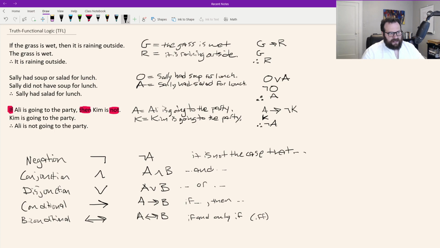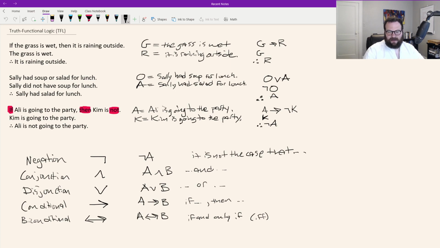Okay, so now that you know how to translate natural language into symbols, we're going to move on from natural language. We're done with natural language. So from now on, we're just going to be using these symbols. We're going to be using capital letters to represent natural language sentences, and we're going to be using these symbols for your connectives to join them together.